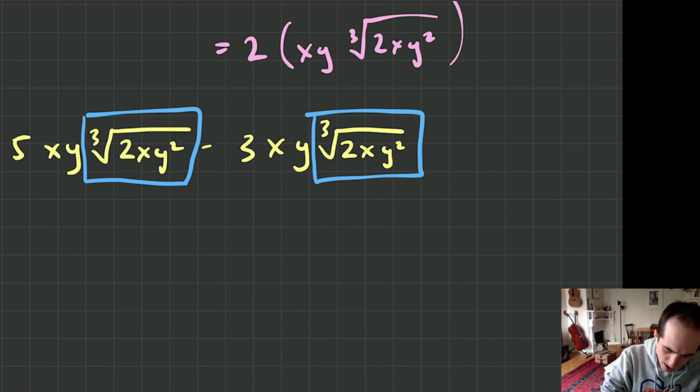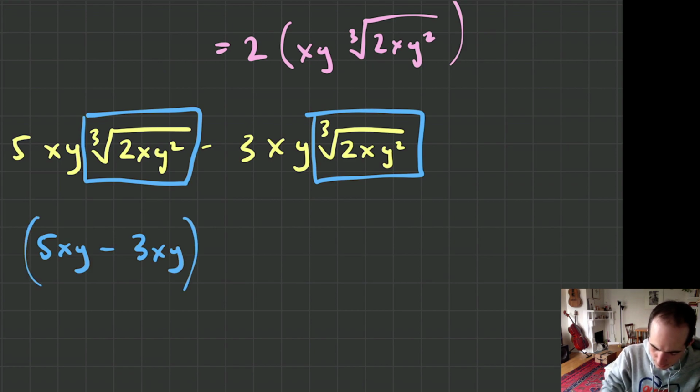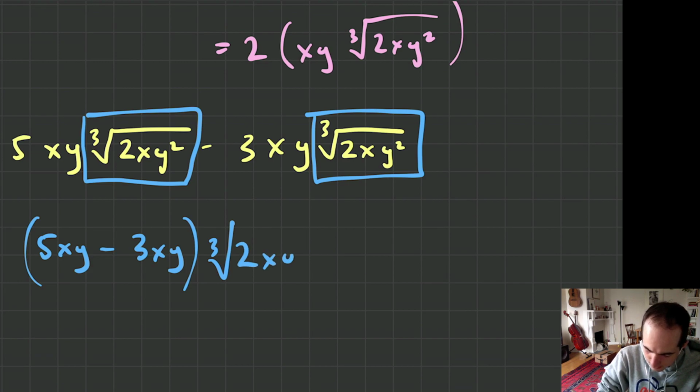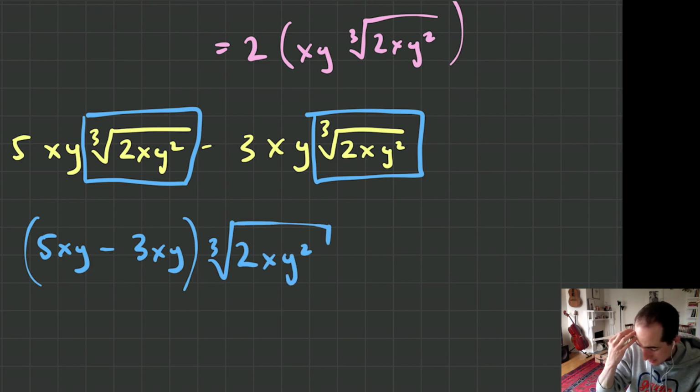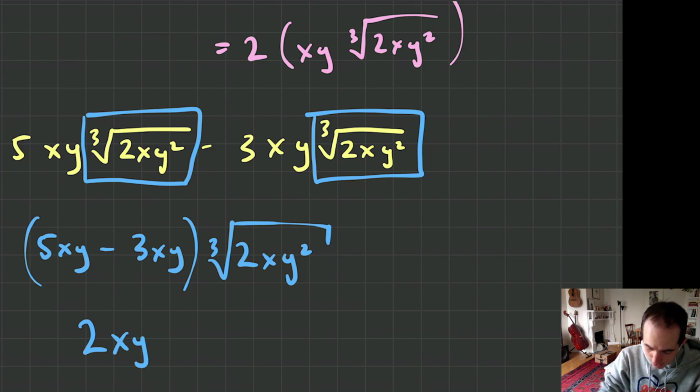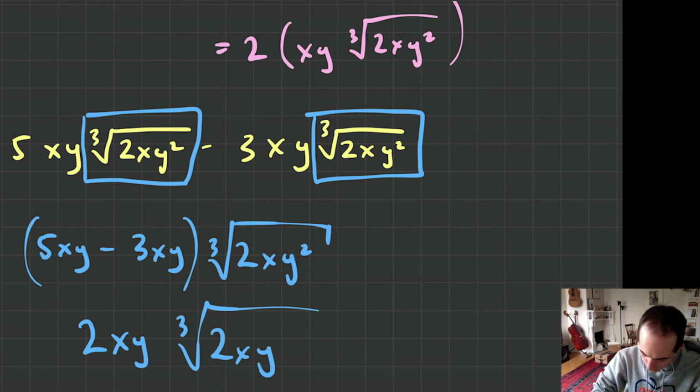I'm going to subtract one from the other. I've got 5xy minus 3xy, and all of that multiplied by the cube root of 2xy squared. Okay, and if I have 5xy minus 3xy, that would be 2xy. And now we would just be thinking of that in terms of like terms. So we'd have 2xy times the cube root of 2xy squared.